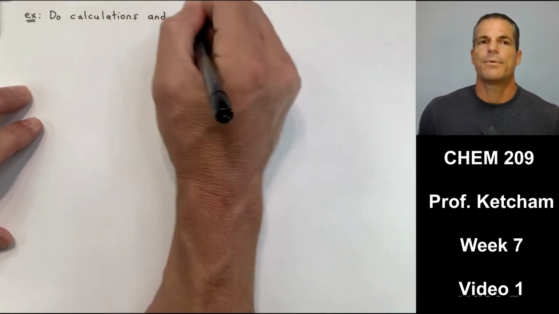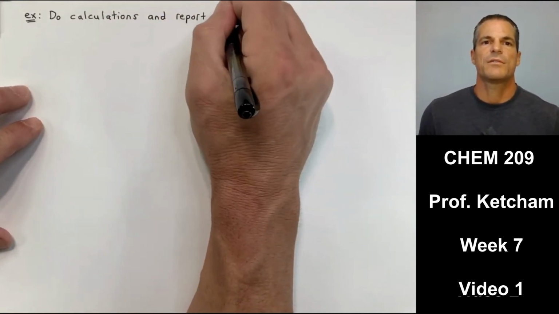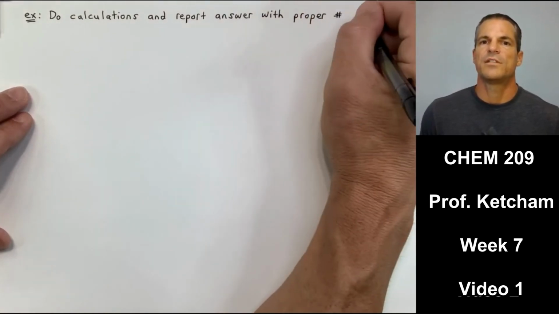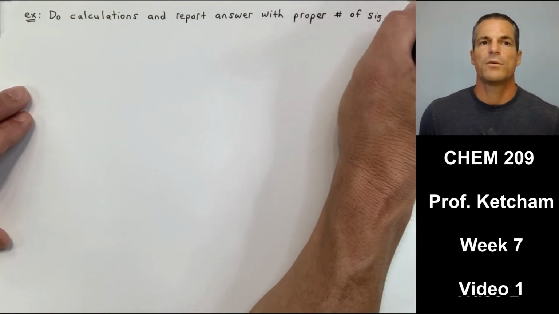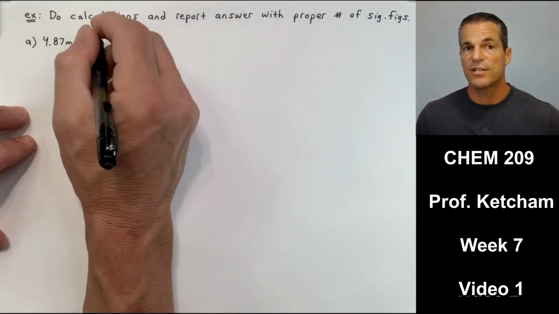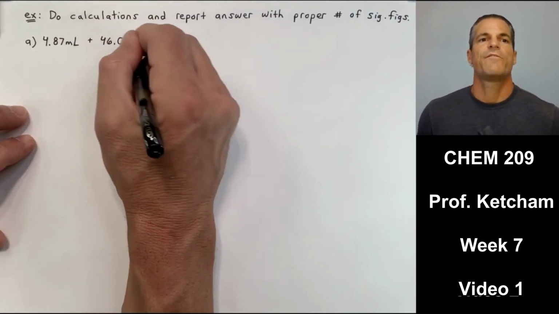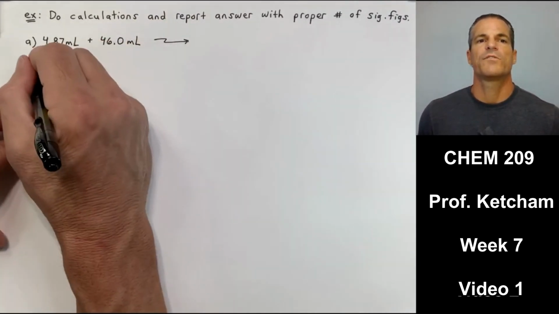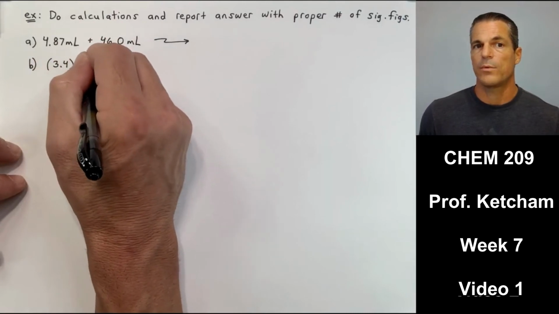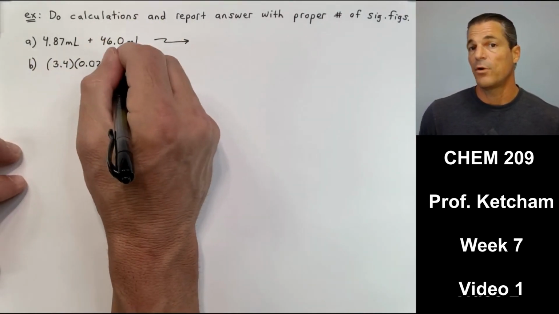All right, example. Do calculations and report the answer with the proper number of significant figures. So we may have to do addition and subtraction. We might have to do multiplication and division. All right. So here we have A, 4.87 milliliters plus 46.0 milliliters. Thankfully, in this case, they're both in milliliters.